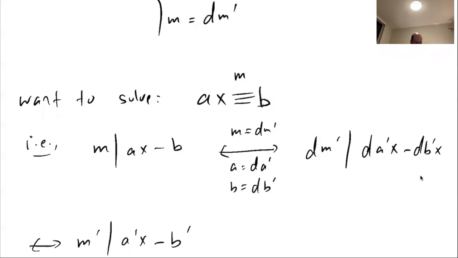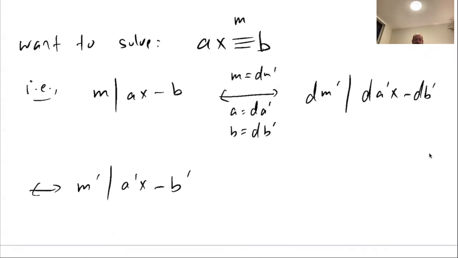No wait, B is DB prime, so there's no X here. It was AX minus B, and this B I replace with DB prime. So then I get M prime divides A prime X minus B prime. Please note that we can cancel D from both sides, because it's very easy to verify: what is the meaning of DM prime divides this?